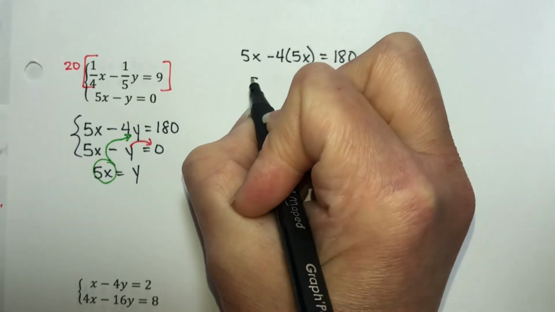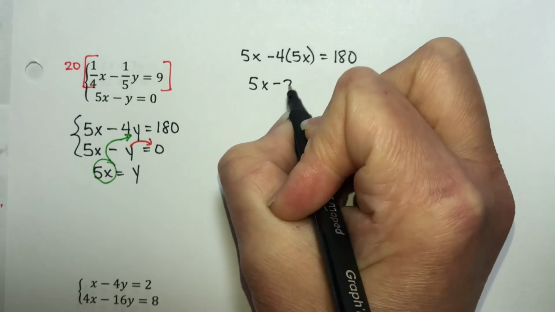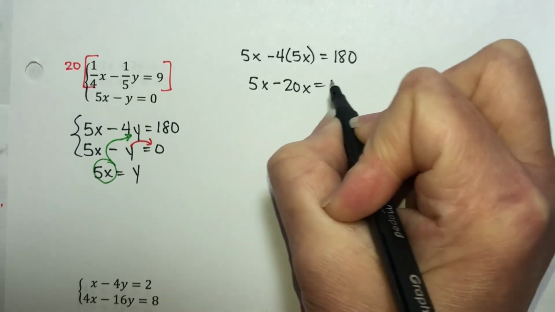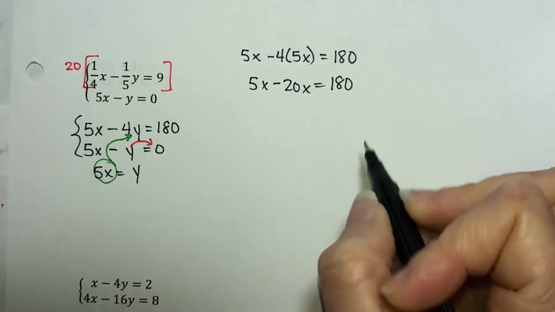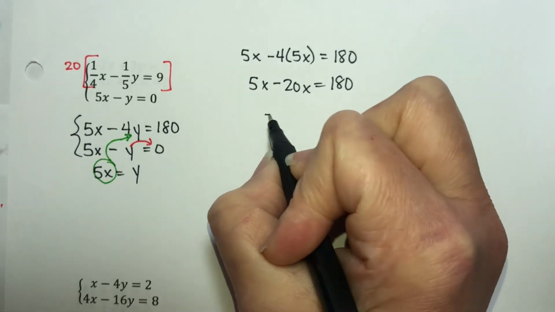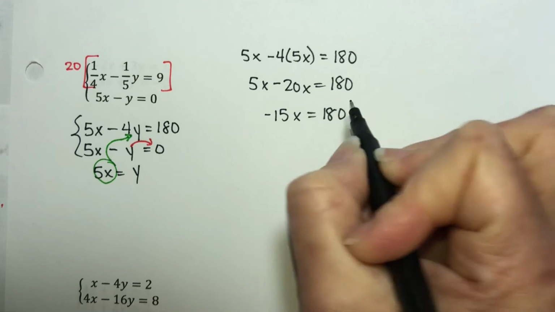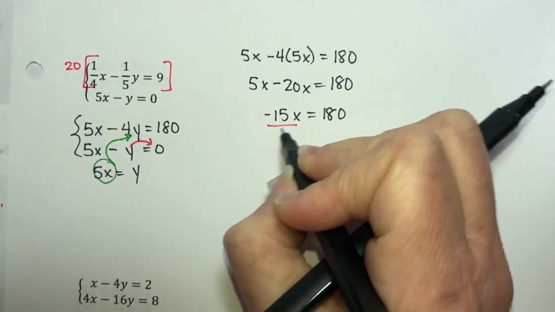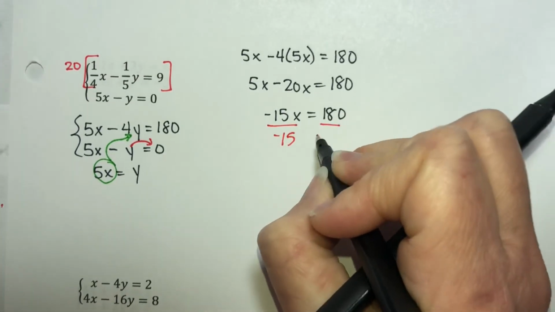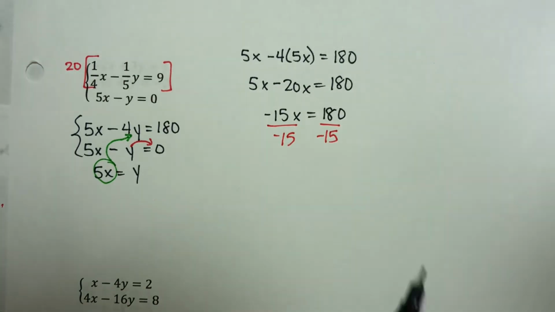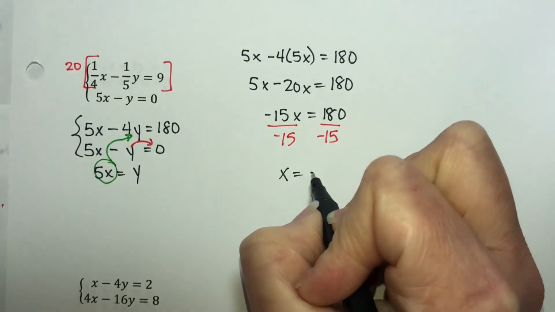So this gives me 5x minus 20x is equal to 180. Combine like terms here, negative 15x is equal to 180. Divide both sides by negative 15. And we get x is equal to negative 12.